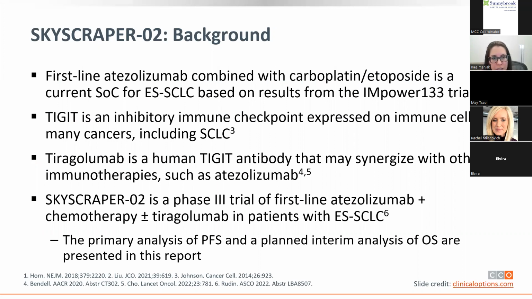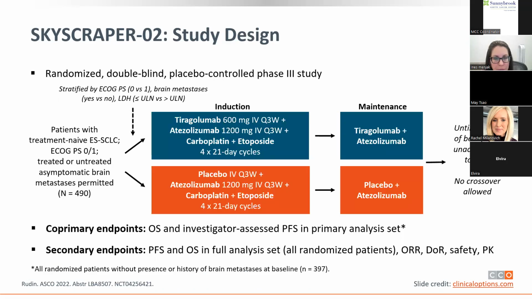TIGIT, if you haven't heard of it, is another inhibitory immune checkpoint, and there are targets that have been developed for this, like tiragolumab, and they studied this in the SKYSCRAPER-2 phase 3 trial with primary endpoints of OS and PFS.